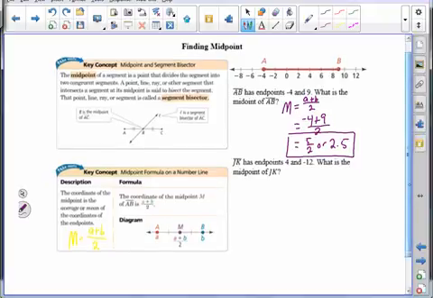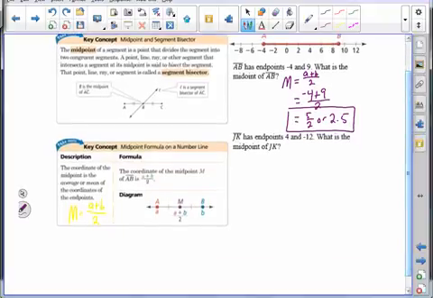This time, what I want you guys to do is pause the video and try the second example. Substitute the numbers and see what you get in your formula for the midpoint of segment JK. Now, at this point, I'm assuming you've already worked it out, so I'm going to go ahead and put my work down and see how you did.